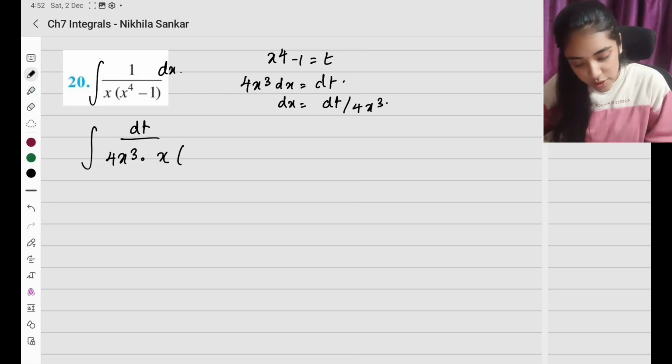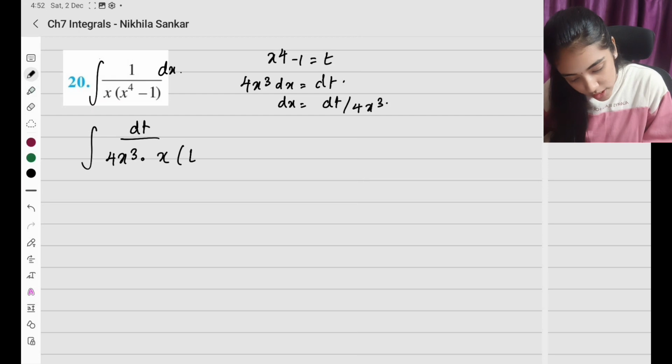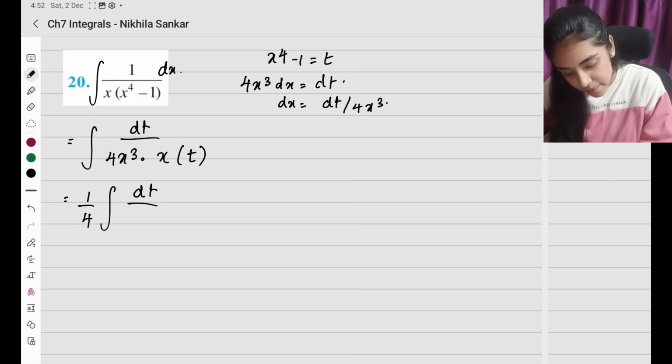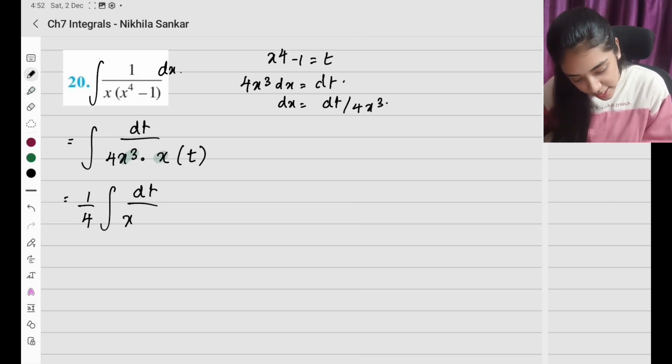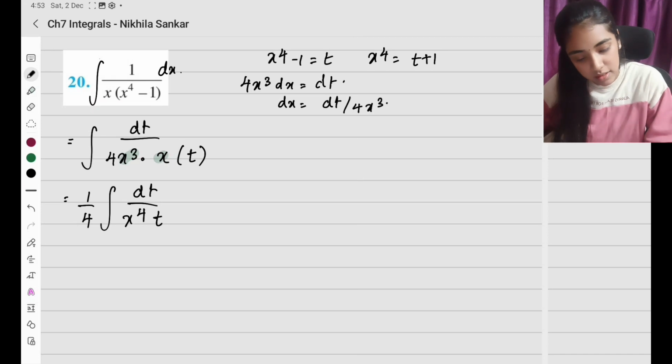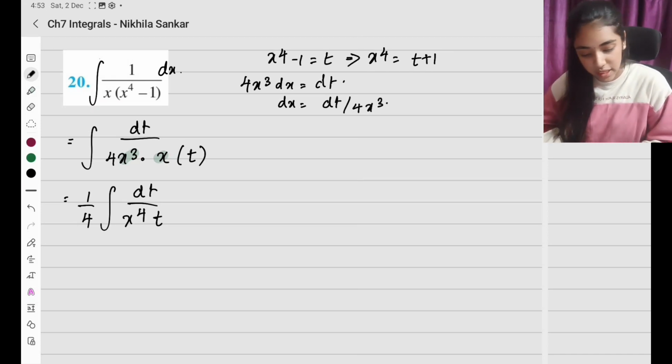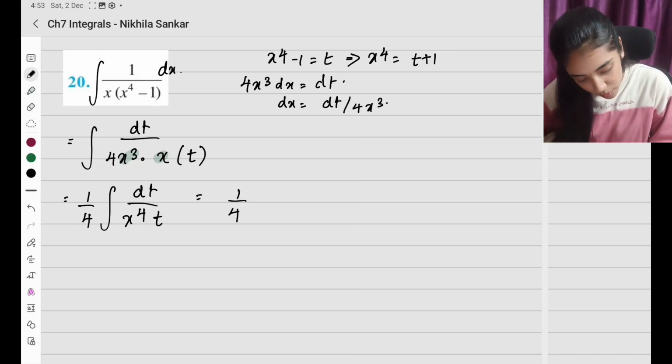So what do I have here? I can take the 1 by 4 outside. Integral dt divided by, I have x cube times x. So I can again write that as x power 4 times t, where my x power 4 is going to be t plus 1. Correct? From this, x power 4 is going to be t plus 1. So I can rewrite this as 1 by 4 integral dt divided by t plus 1 times t.